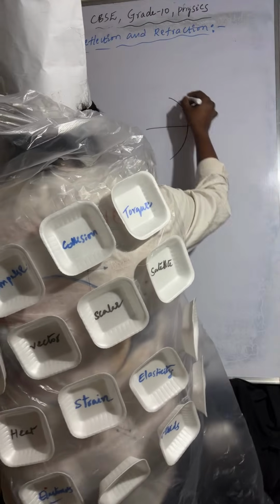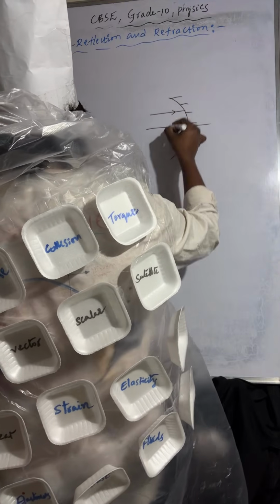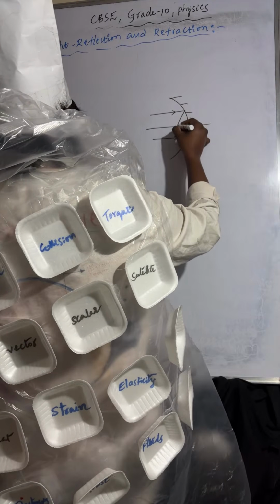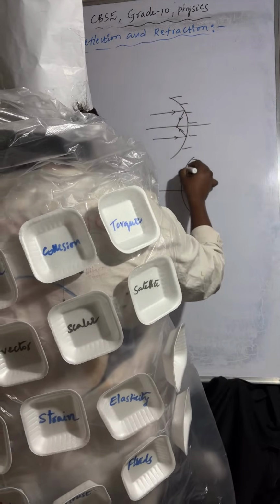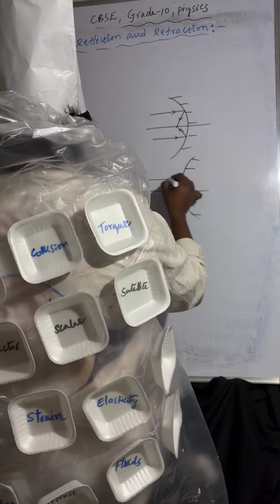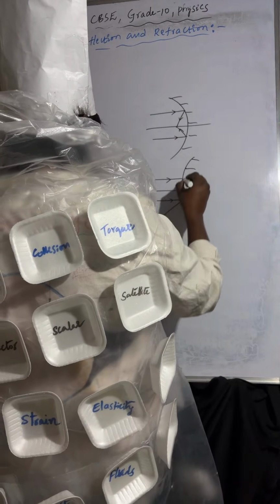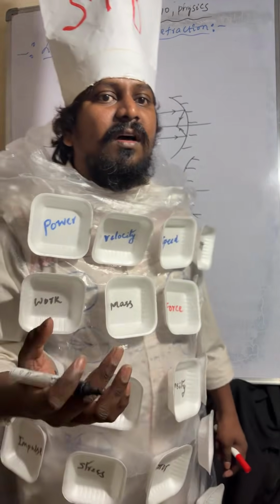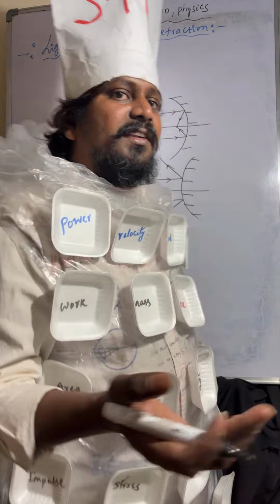I'm taking the concave mirror. This is a concave mirror. Whenever light rays are incident on it, after reflection those light rays come closer. Coming to the convex mirror, whenever light rays are incident on it, after reflection those light rays move away from the principal axis. So the concave mirror is converging in nature, the convex mirror is diverging in nature.